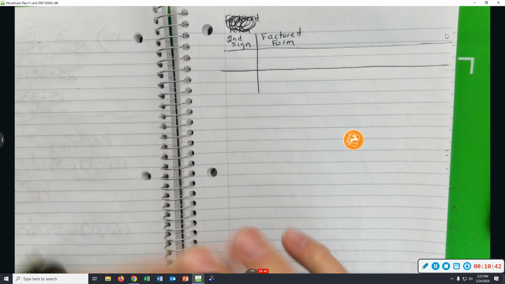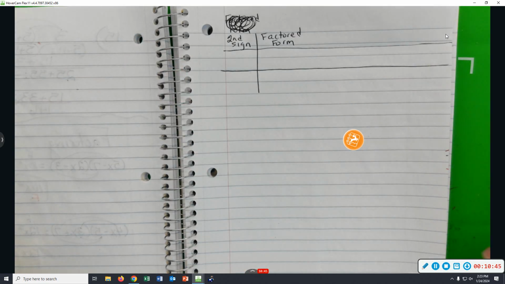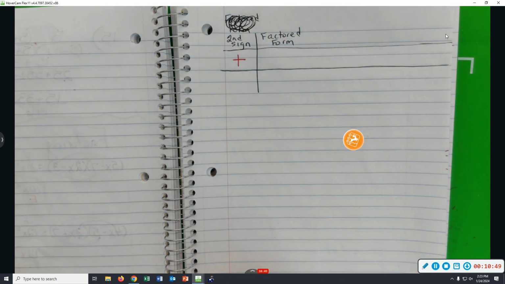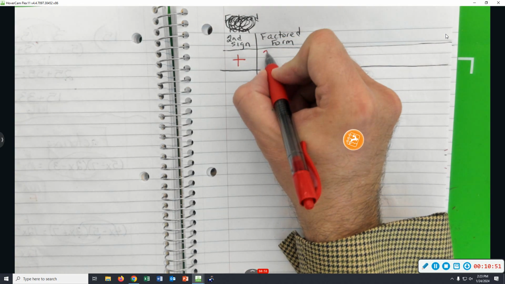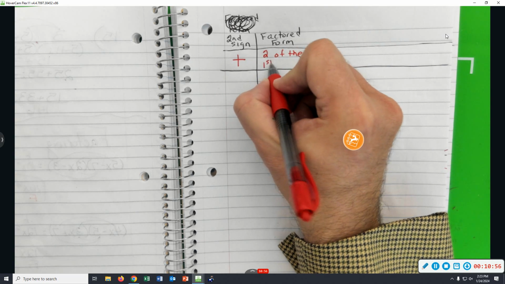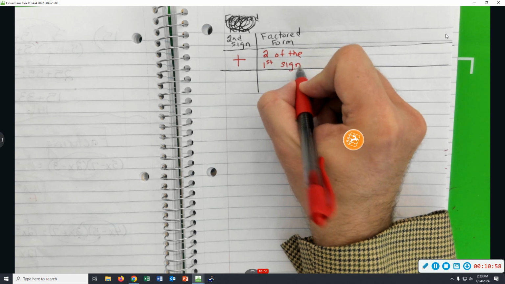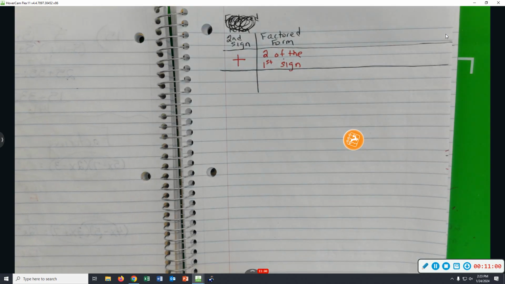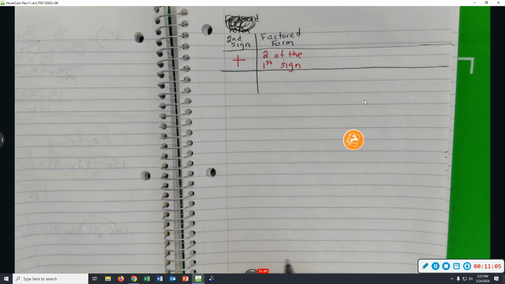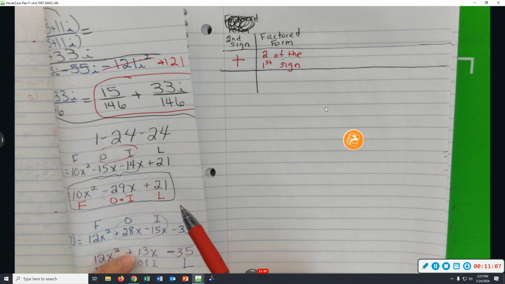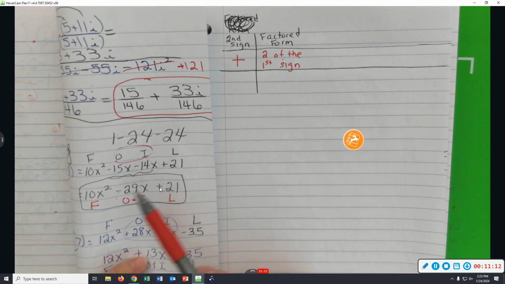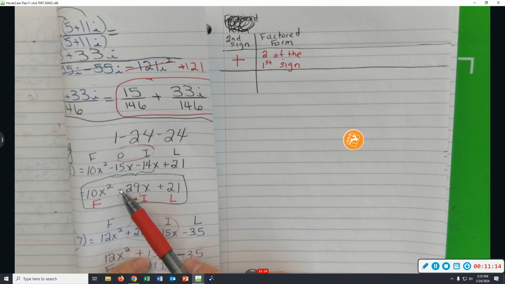So summarizing what I was saying about those second signs. If the second sign is a plus, the factored form has two of the first sign.